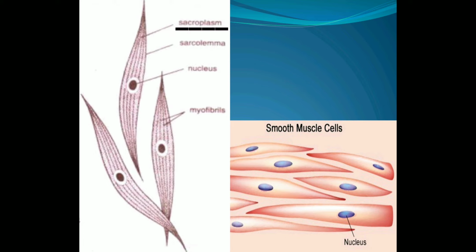Then sarcoplasm that contains myofibrils, and myofibrils are made up of contractile proteins, that is actin and myosin. But here in smooth muscle, you will find it contains less myosin and more actin. So if actin is more and myosin is less, striations cannot be seen.